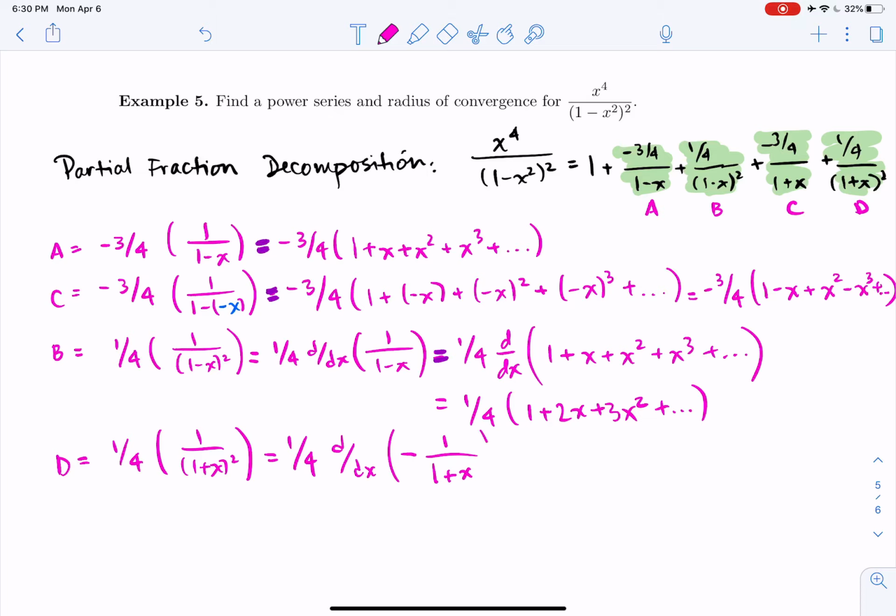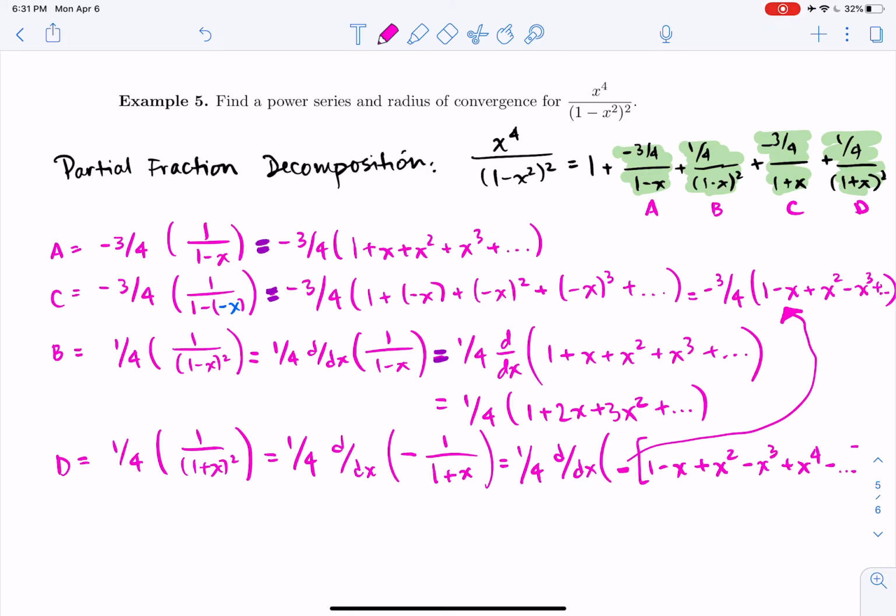Again, you should check that, and we know what that function's power series expansion is, don't we? So minus 1 over 1 plus x is the opposite of this little guy that we've already computed. So let's just write that down. 1 minus x plus x squared, and I should have a minus sign, minus x cubed plus x to the 4th, and so on and so forth.